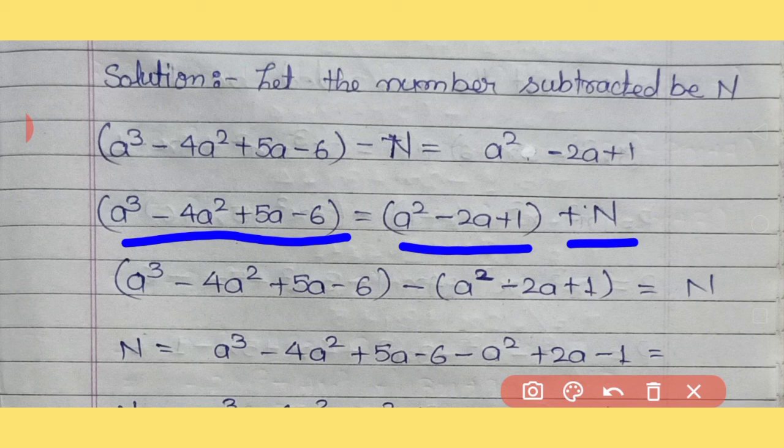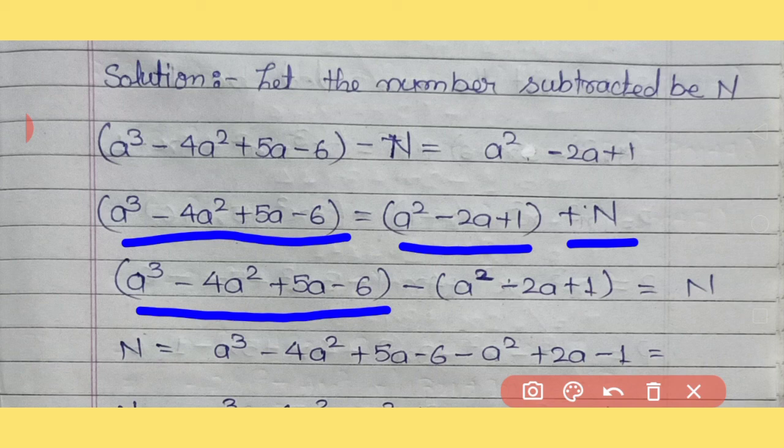So whenever a square minus 2a plus 1 transfers to the other side, it will do the work of subtraction. So I have written here in the first bracket a cube minus 4a square plus 5a minus 6 is subtracting the second bracket in which it has given a square minus 2a plus 1.